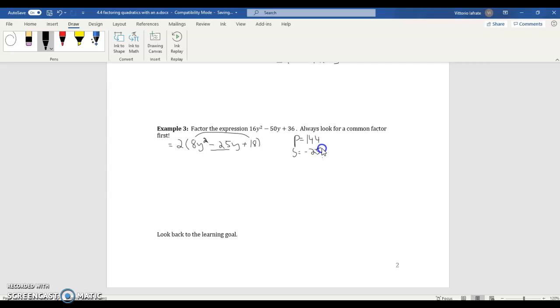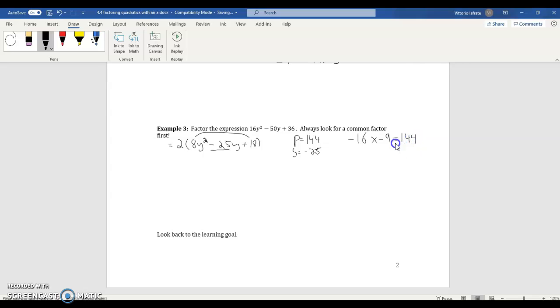And so two numbers that might do that could be, let's try minus 16 times minus 9. That gives you 144. You can plug that into your calculator if you're not sure.